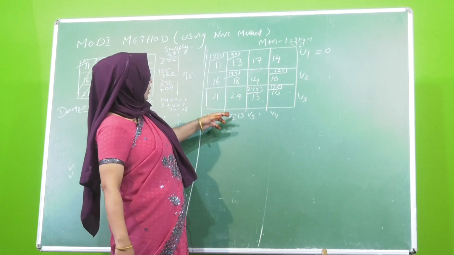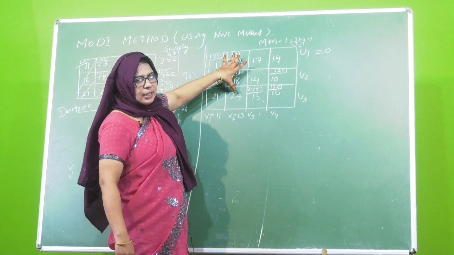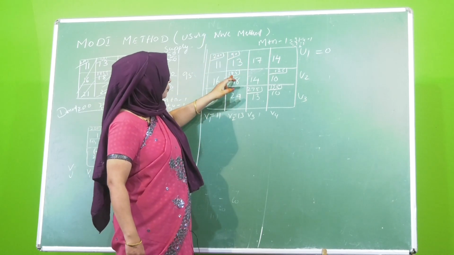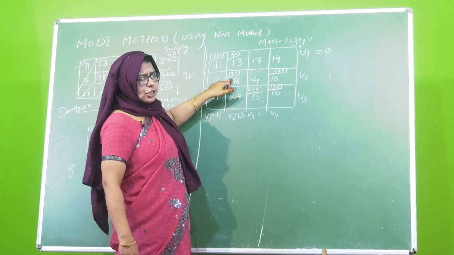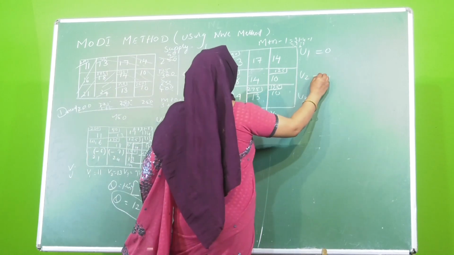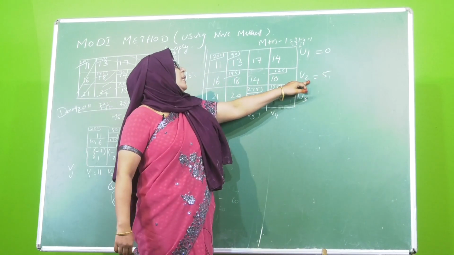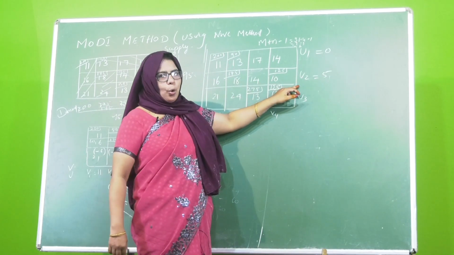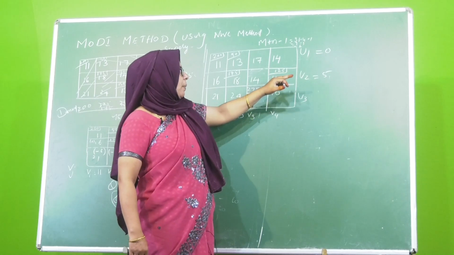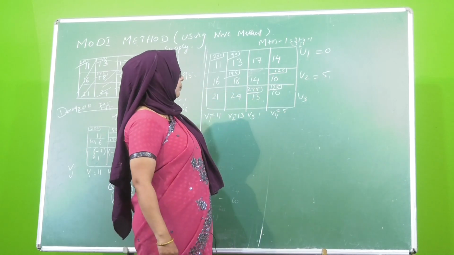Using this 13, we take the second column, where the original allocation 175 has cell value 18. 18 minus 13 is 5. Using this 5, we take the second row, that is 10: 10 minus 5 is 5.